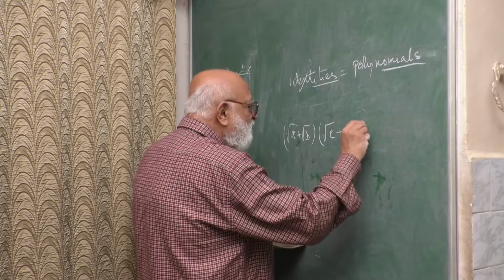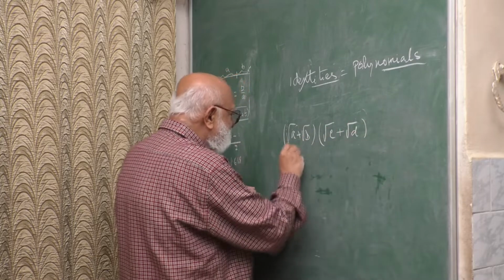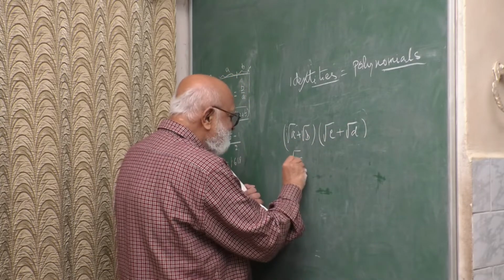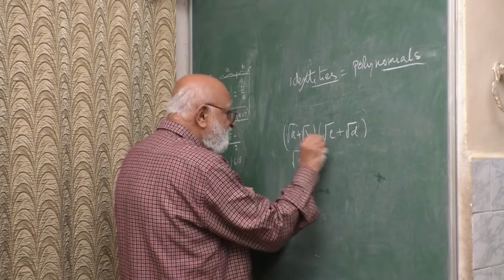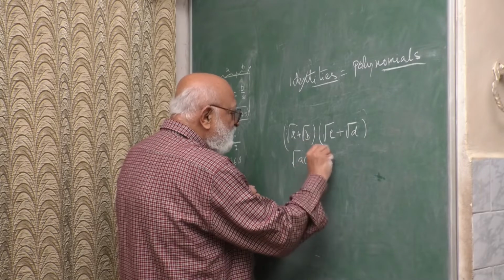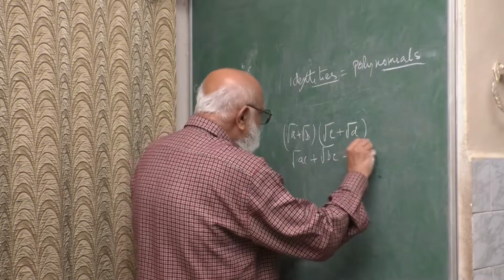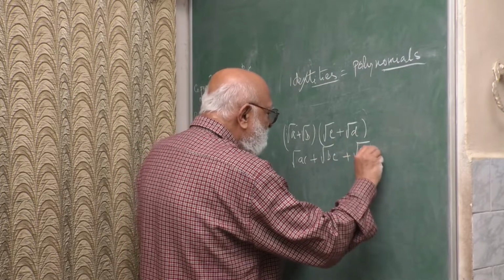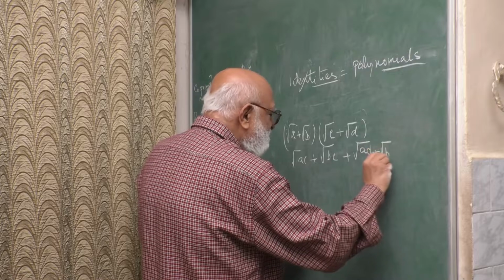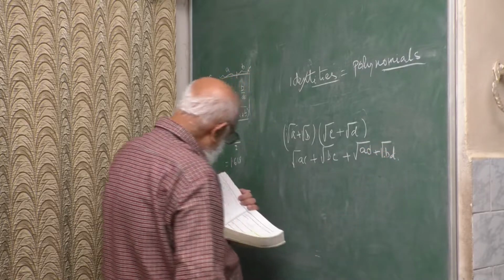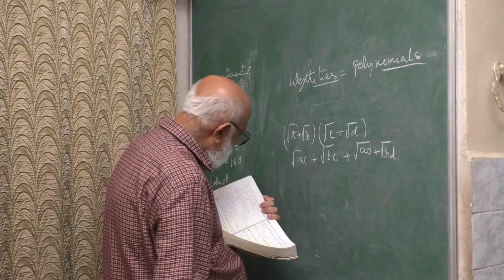What would it be? Again, root AC plus root BC plus root AD plus root BD. No problem here.